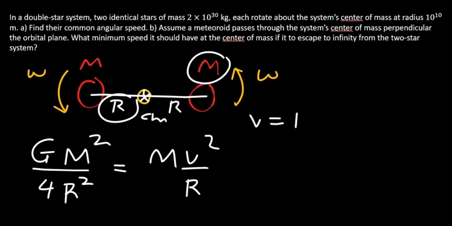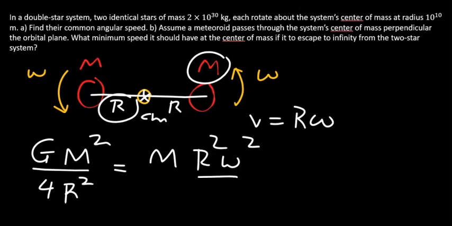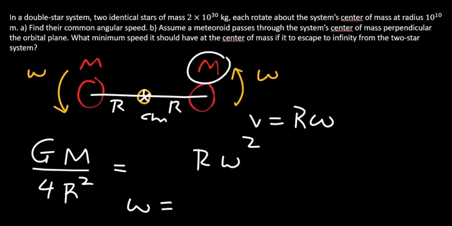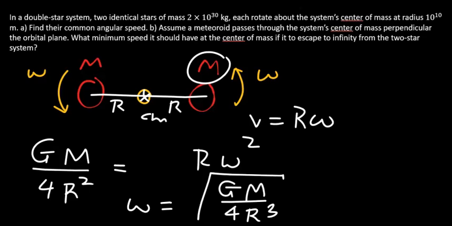But because v is r times the angular speed, we can express the centripetal force in terms of omega as follows: m r squared omega squared over r, so that will go away, giving us that. One m will cancel the m from the right. Solving for omega, you get the square root of G m over 4r cubed.